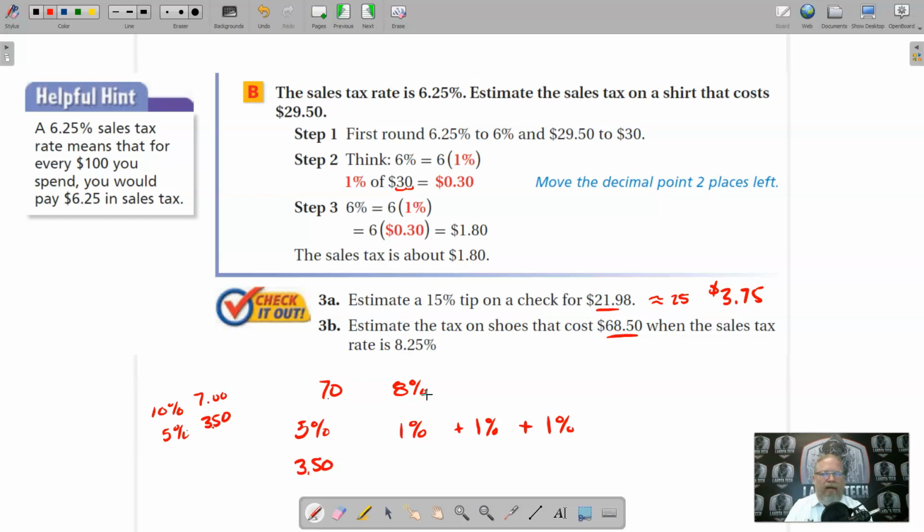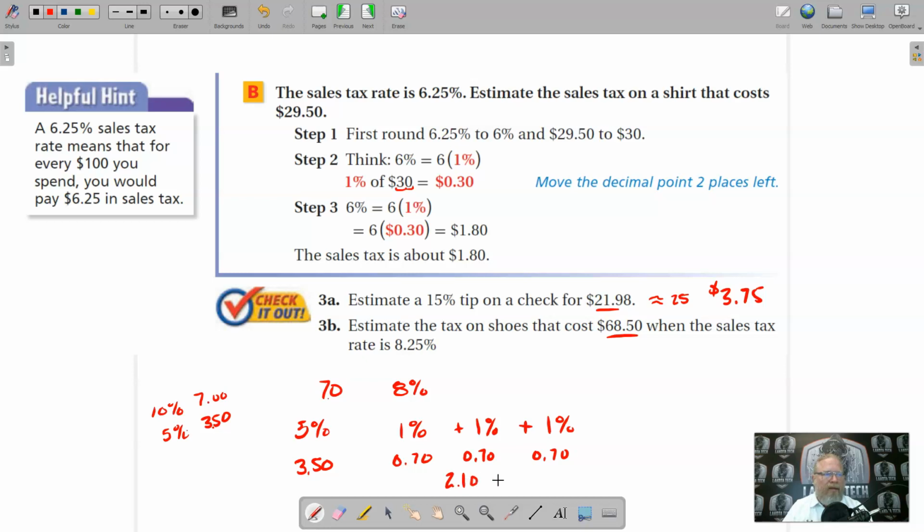And then 1% of 70, move the decimal over 2 places, we would have 0.70, or 70 cents. Now, 7 times 3 is 21, but my decimal is going to go here.